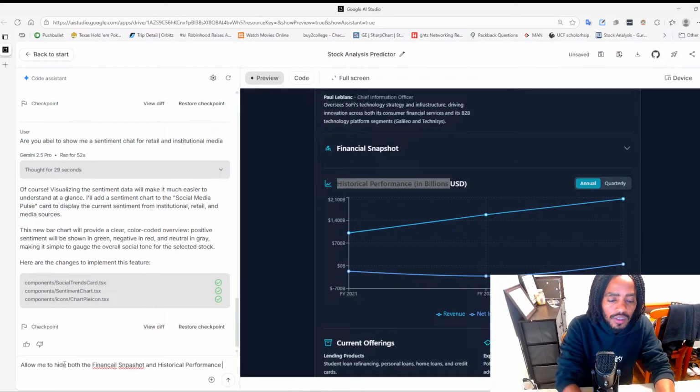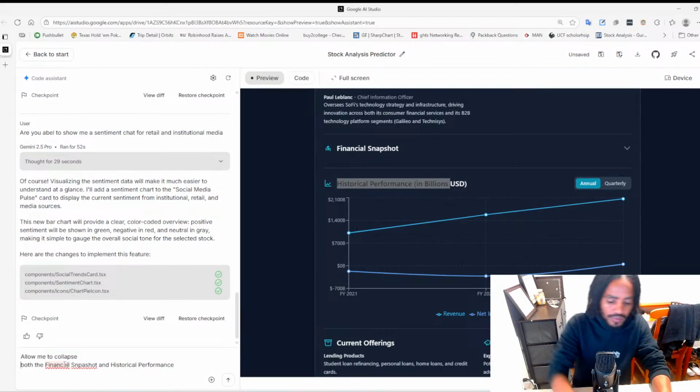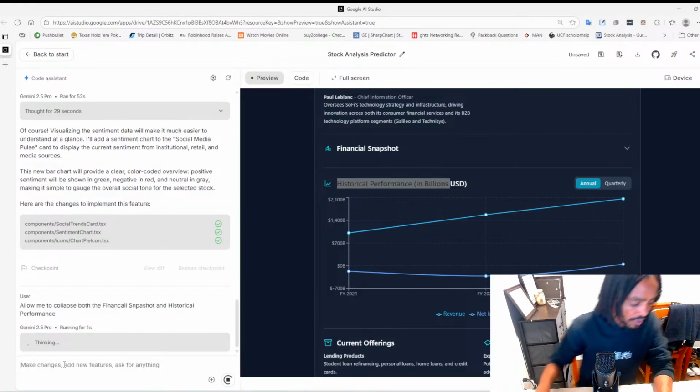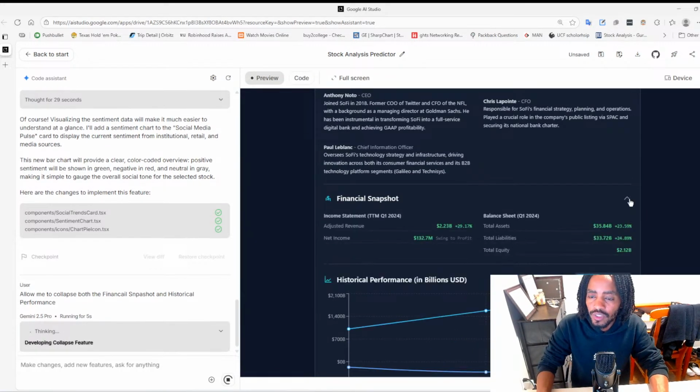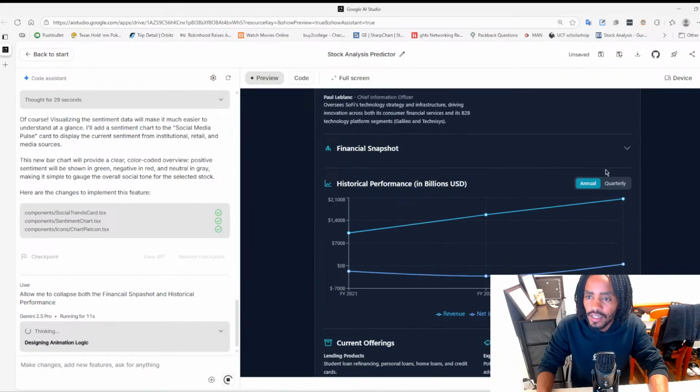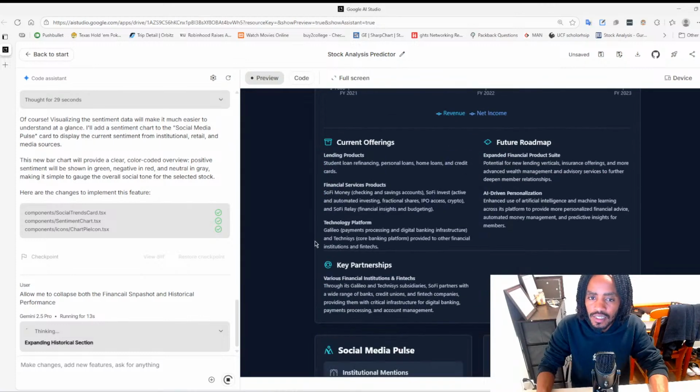Allow me to collapse both. I want to be able to collapse both of them. Right now I can collapse one, which I really don't like. I don't want to see this. I want to quickly hide it, and I can. I also want to do the same thing to this if I find this stuff more interesting.